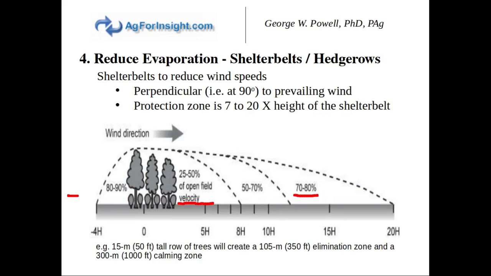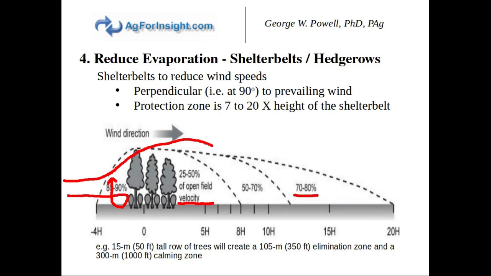When wind flow encounters a solid object, it actually deflects the wind downward, where again it encounters a solid object in the form of the ground, and then pushes a portion of that airflow upwards, which means that subsequent airflow is lifted up and above your shelter belt.